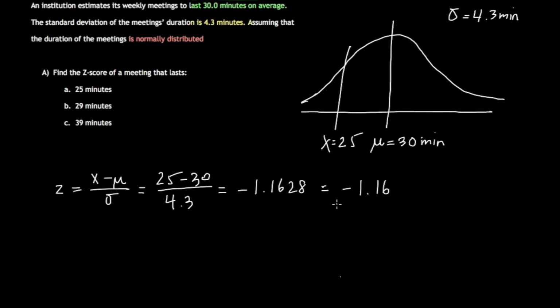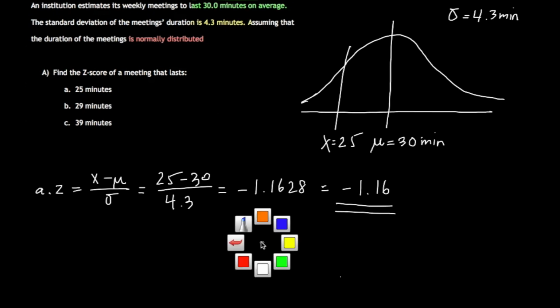Wonderful. So this was the answer for sub A. So I'll put little a here. Okay, so that's little a, negative 1.16. And also very, very important, I can't stress this enough, please don't forget the negative sign, okay? It won't make a difference for the Z score per se, in the sense that in the Z table, whether you take negative 1.16 or 1.16, it will give you the same probability within the table.